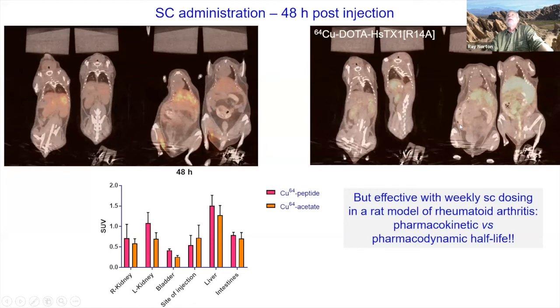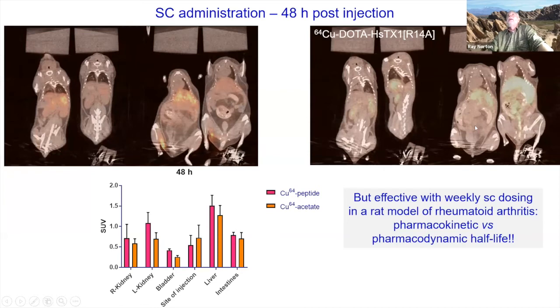But I did want to make a point that even though apparently after 48 hours the circulating peptides pretty much disappeared, we know from other experiments in a rat model of rheumatoid arthritis that weekly dosing via subcutaneous administration is sufficient to suppress the rheumatoid arthritis.